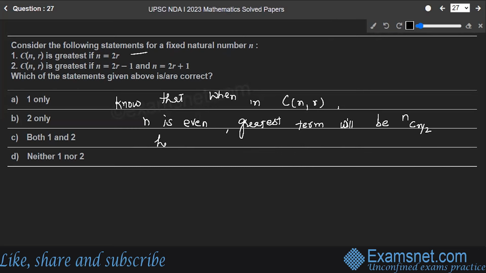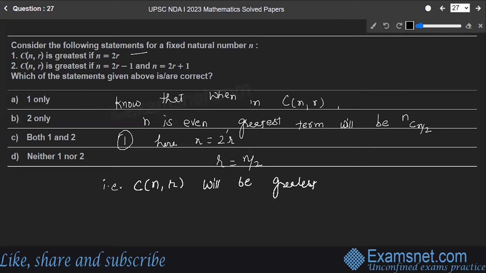Here, n is equal to 2r in the first case. n is equal to 2r, which gives you r is equal to n by 2. That means nCr will be greatest when r is equal to n by 2, that is n is equal to 2r. So that means statement 1 is absolutely correct.